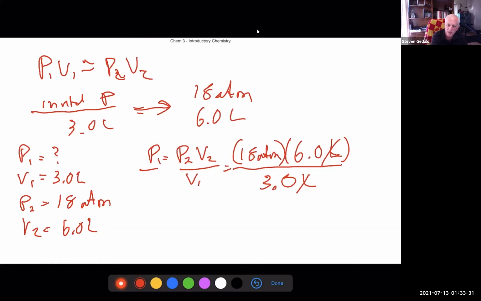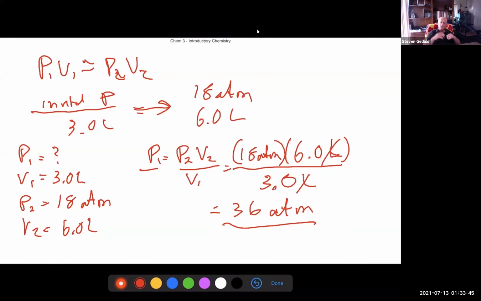So 18 times 6 divided by 3 is 36 atmospheres. That's the initial pressure. So in order to meet those requirements where your final pressure is 18 atmospheres in a 6-liter container, if it started off in a 3-liter container, the pressure had to be 36 atmospheres.